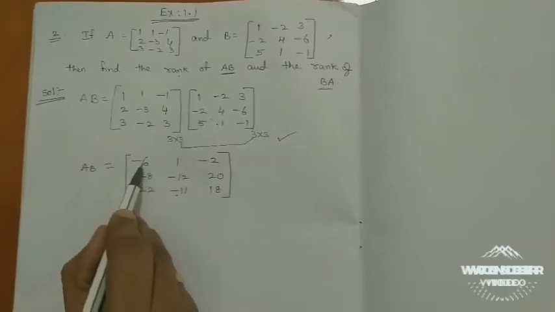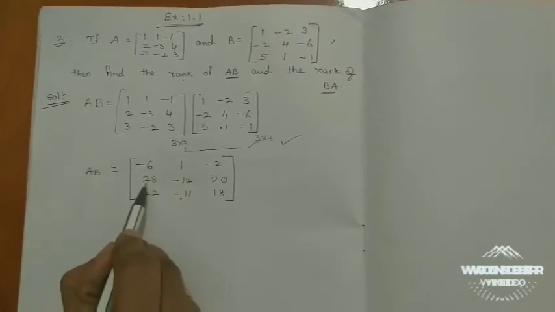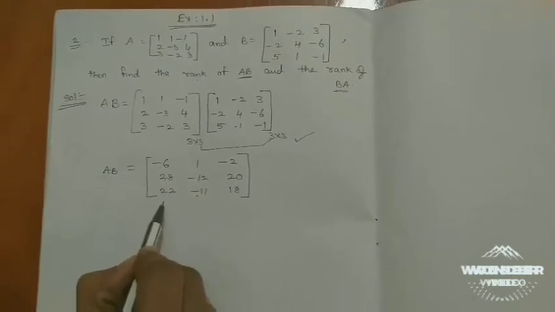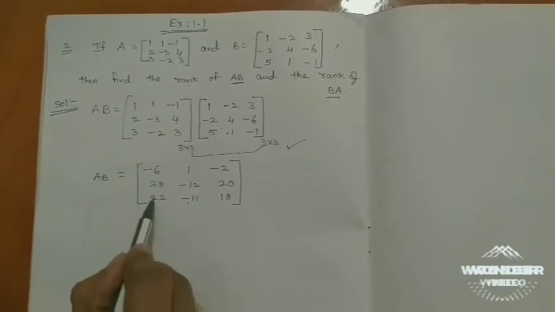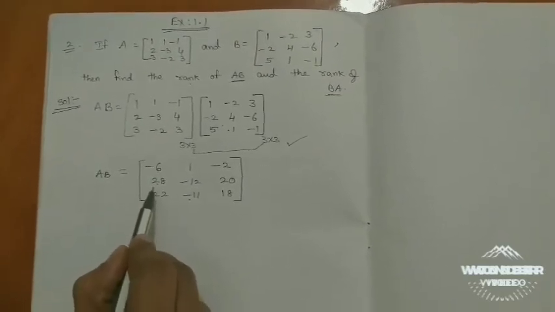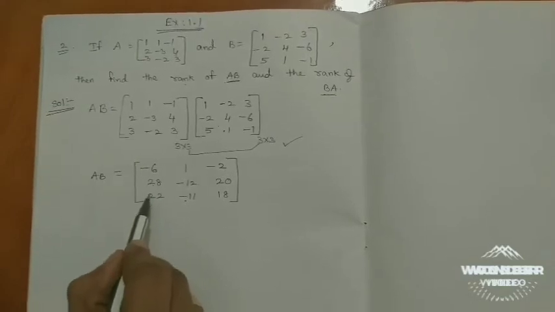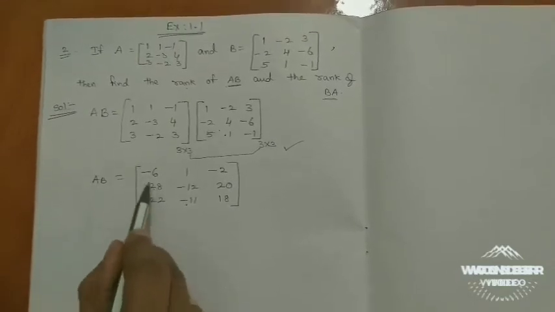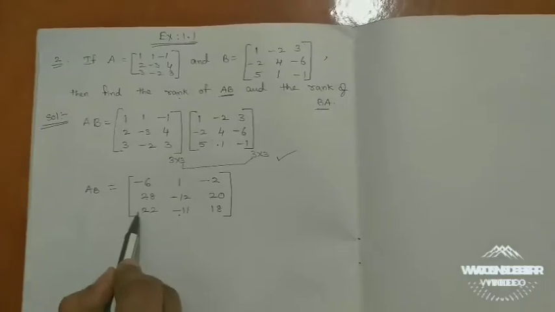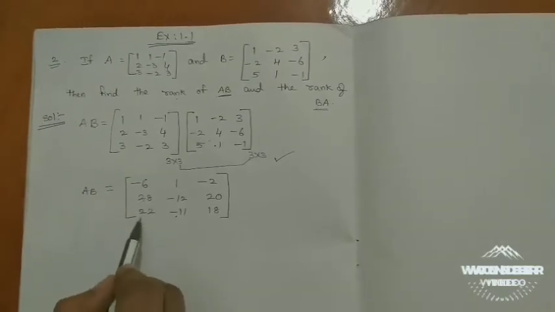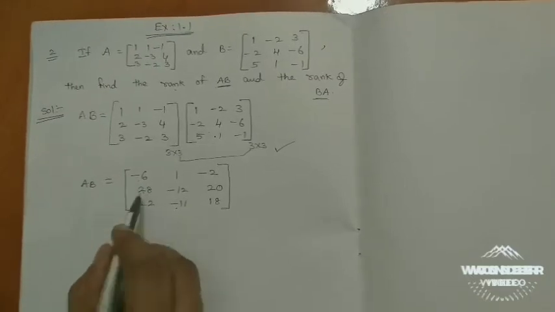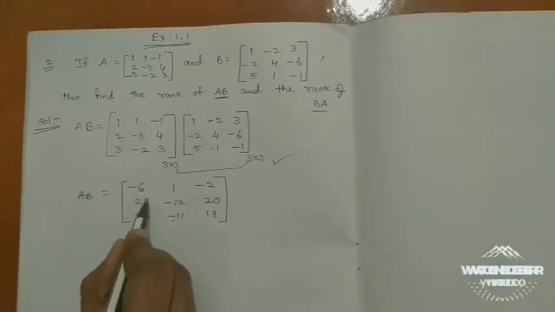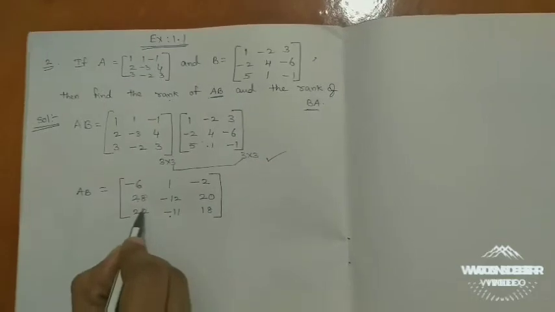Under that non-zero element, you need to make this 28 and 22 zeros. Yesterday I told you, if a one exists, we would have interchanged the rows. But here I don't have one, so I'm leaving this minus 6 as it is. Now it's my intention to change this 28 and 22 to zeros.